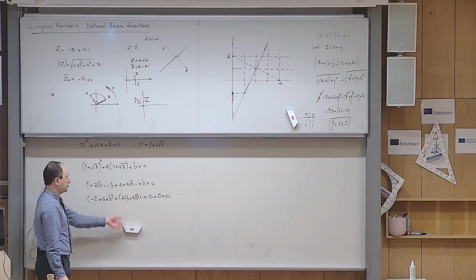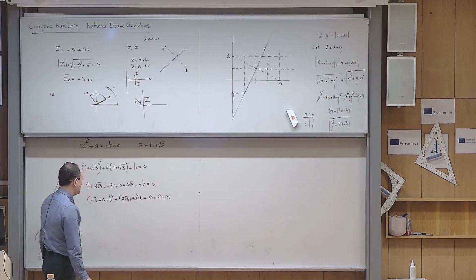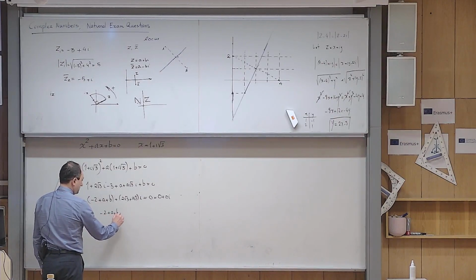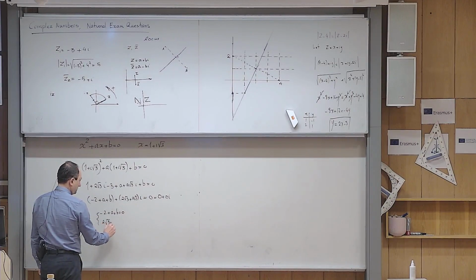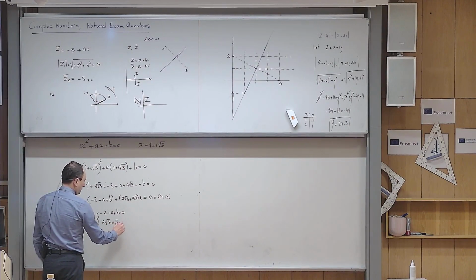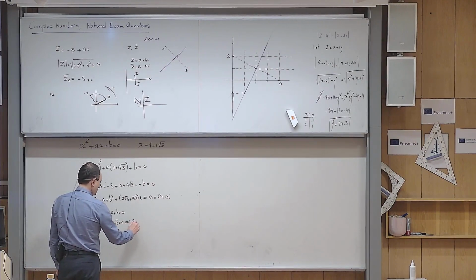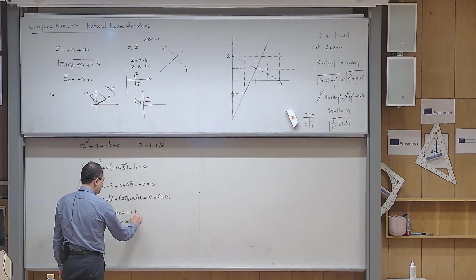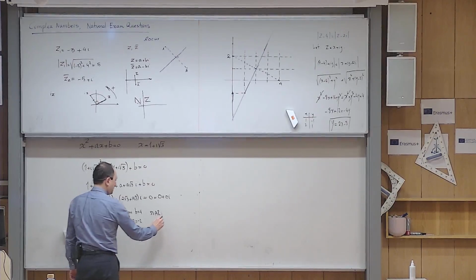Then I have a complex number in the standard form supposed to be equal to another complex number in standard form. So this should be 0, and this should also be 0. But solving this one is extremely simple. I move this and divide by square root of 3, so a becomes minus 2. I put that here, b becomes 4. So you need to write this as your answer, because they are asking for a and b.